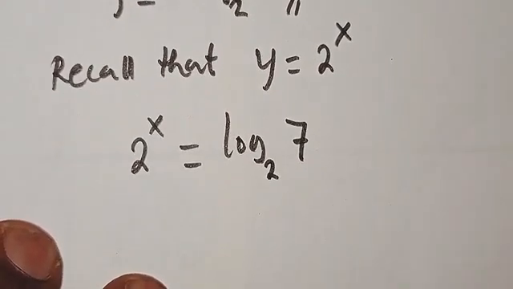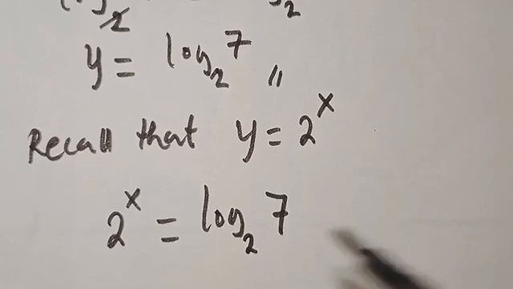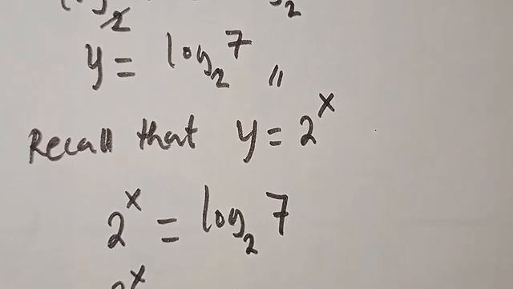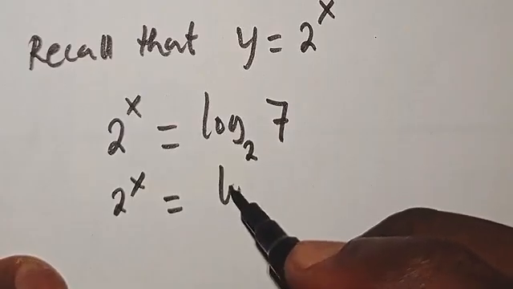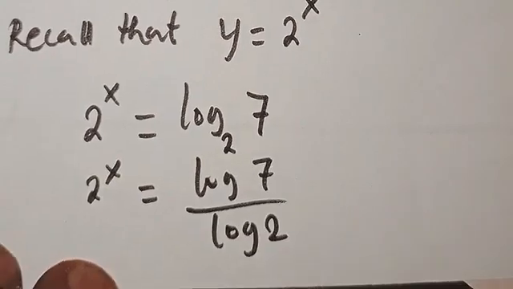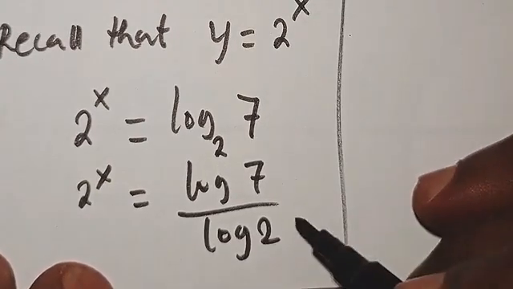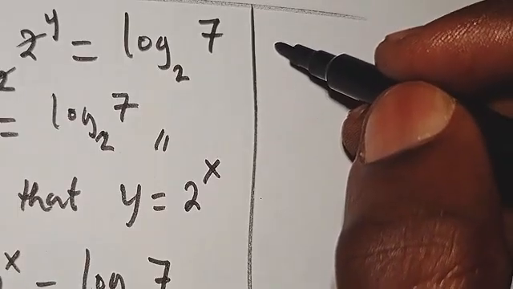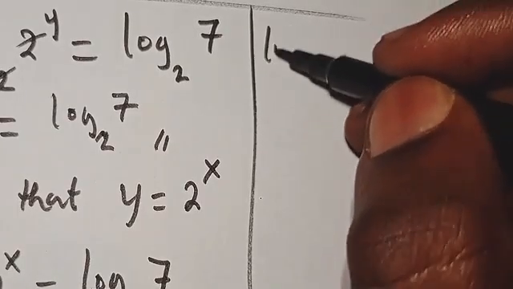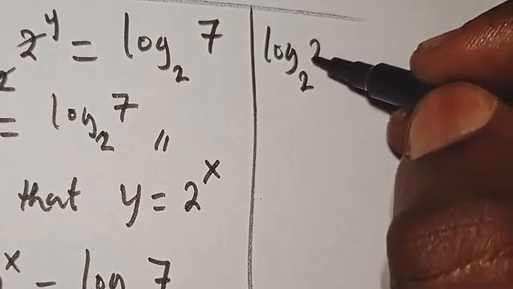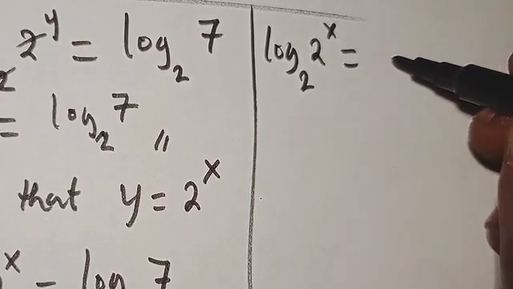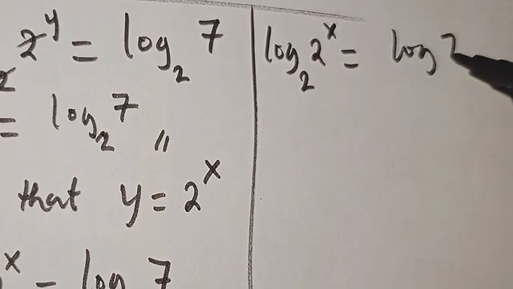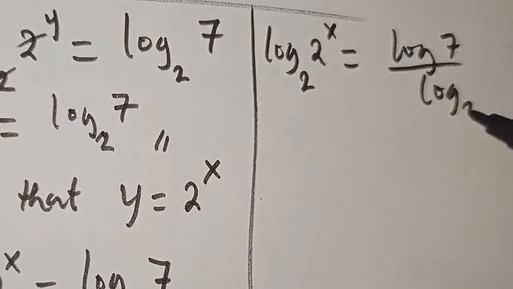So what are we going to do here? We have 2 to the power of x, we can write this as log 7 over what now? The same thing we are going to do here. From here, we introduce logarithm with respect to base 2: log 2 to the power of x equals log 7 over log 2.